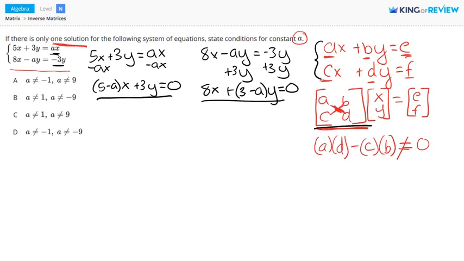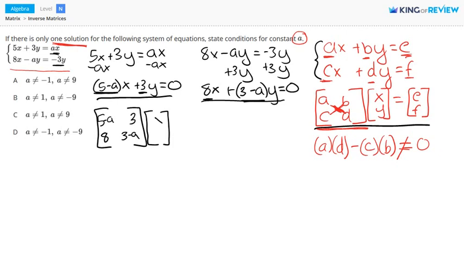So now we can set up our matrix equation. Starting with the coefficient matrix, these are the coefficients. So we have 5 minus a and 3, 8, and 3 minus a. And then we multiply this by the variable matrix, so x and y, and this is equal to our constant matrix. These are the e and f values, 0 and 0.